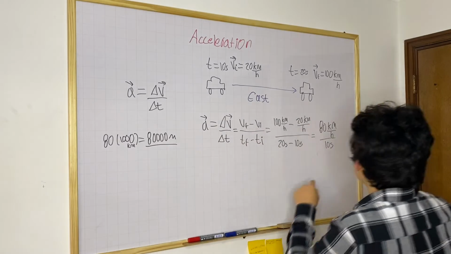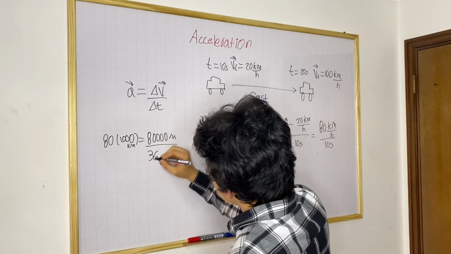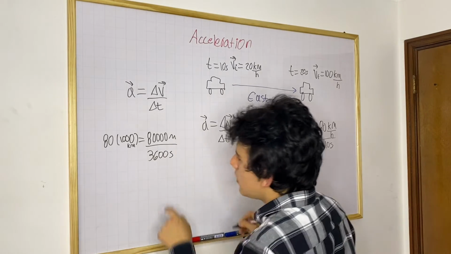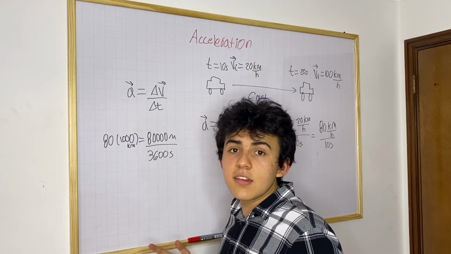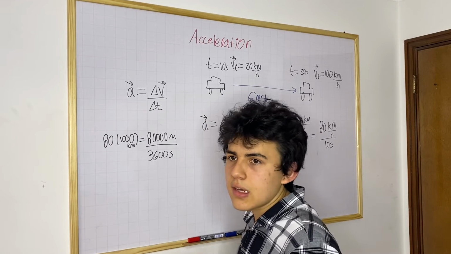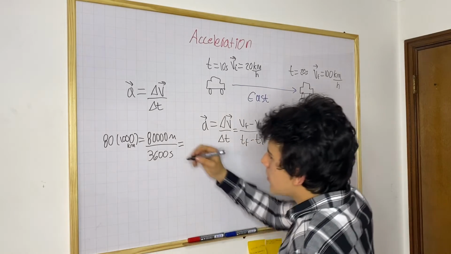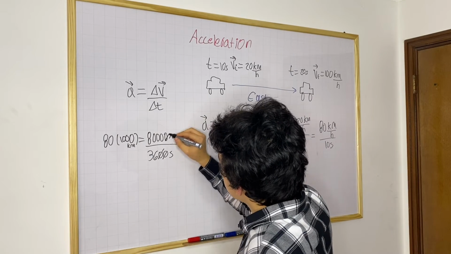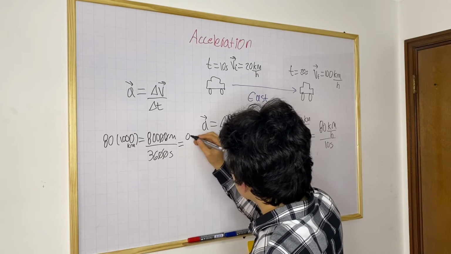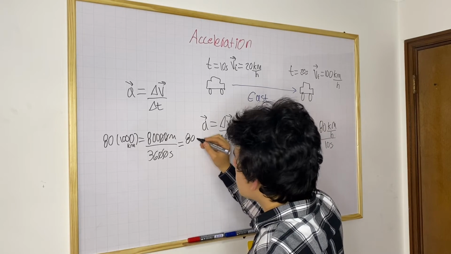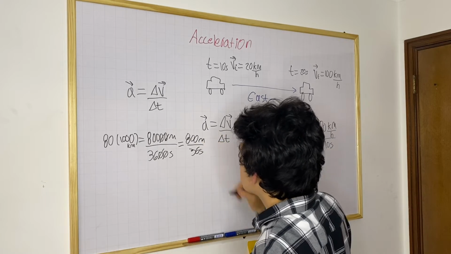And now we have 1 hour, which we know is 3,600 seconds. This number comes from multiplying 60 minutes times 60 seconds. And now in this case, you're multiplying here by 100, so you can take away those, and you get 800 meters divided by 36 seconds.